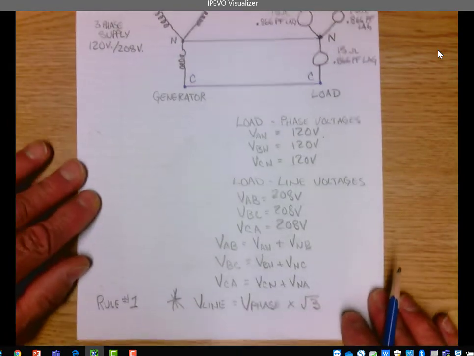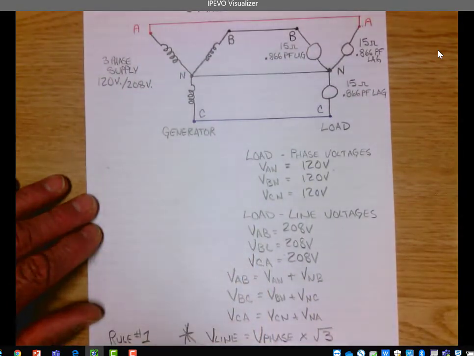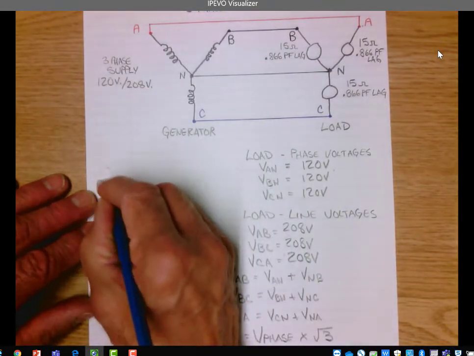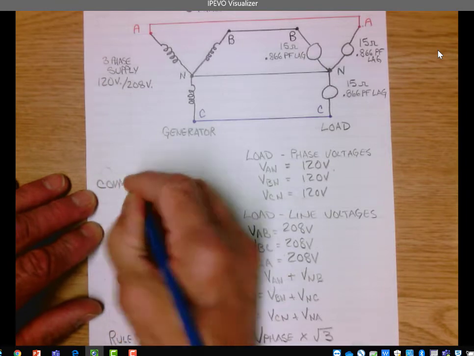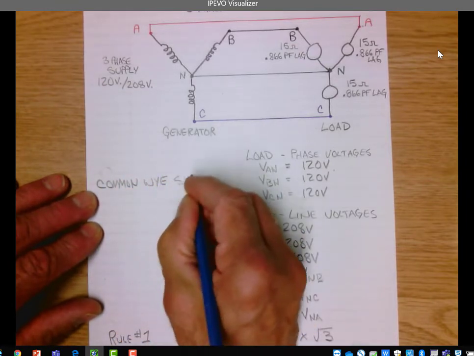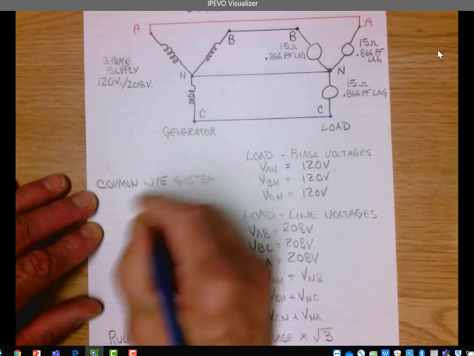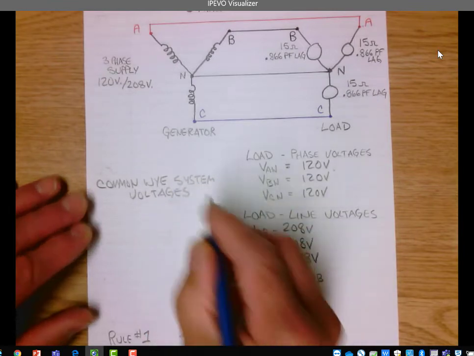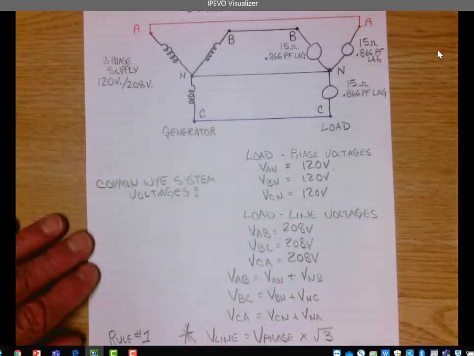I think the one other thing I will mention here are common Wye voltages. Just write it out here. Common Wye system voltages. There are 3 common ones.